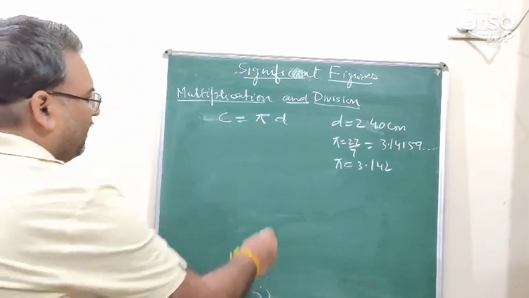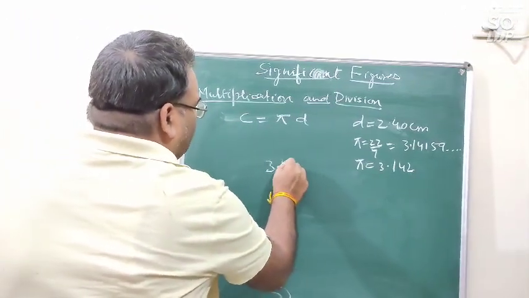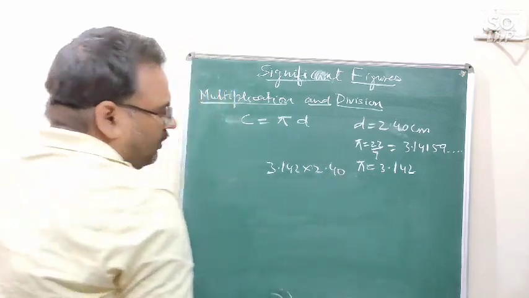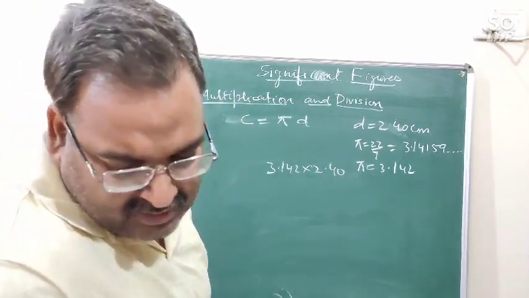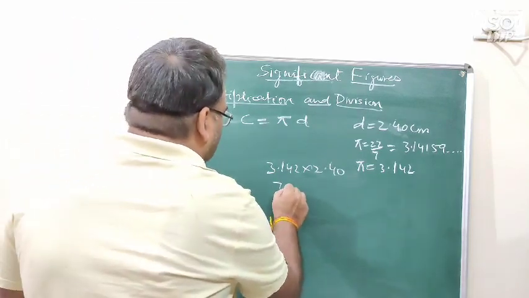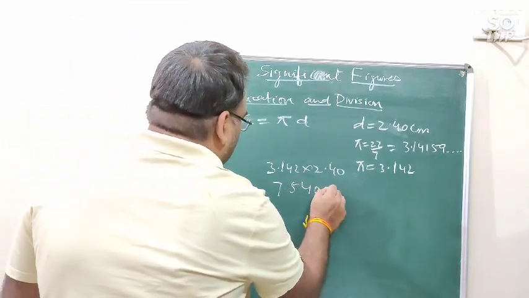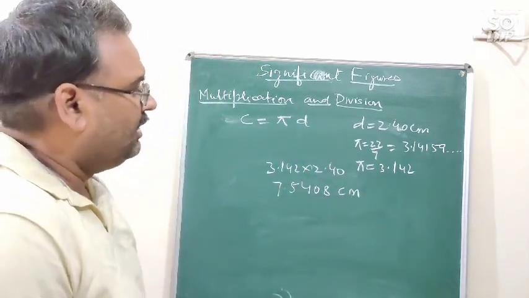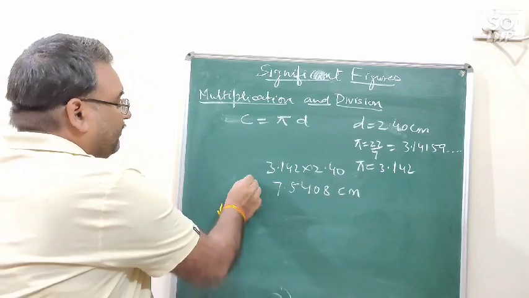So this 3.142 into 2.40. Okay, so the answer is 7.5408 centimeters. This is the circumference.